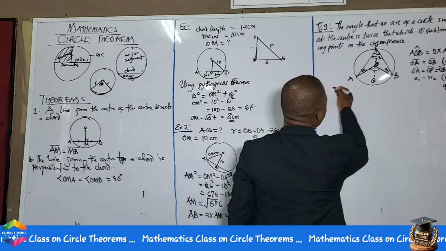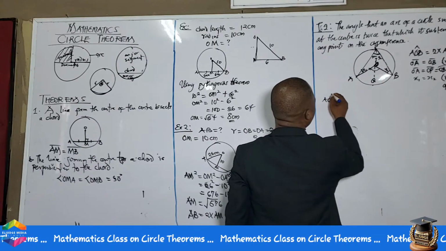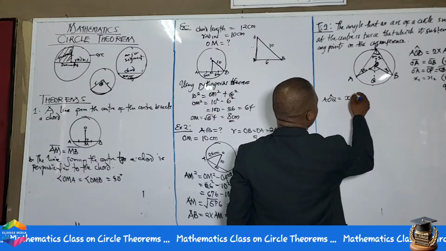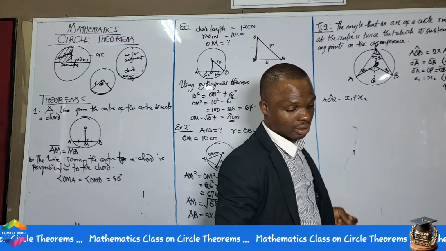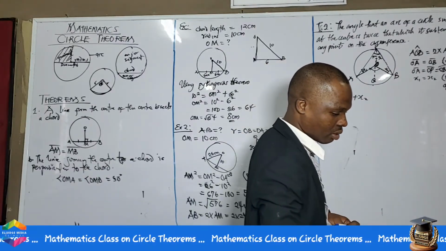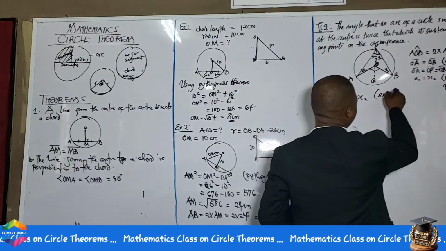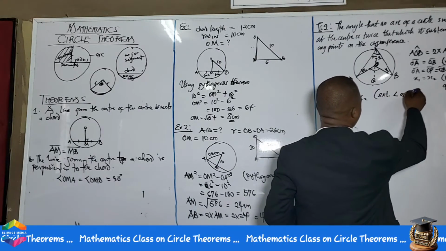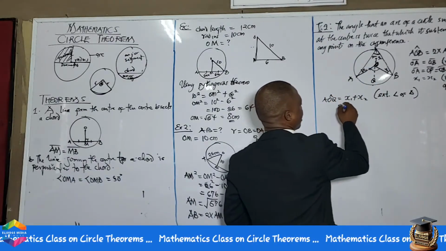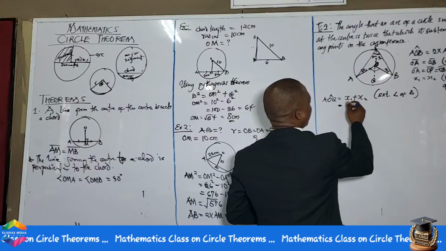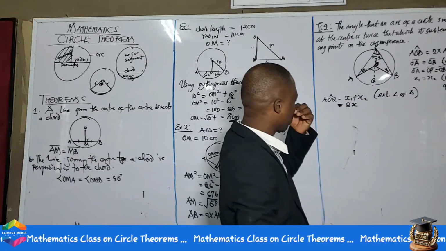So we can say that this angle here, AOQ, equals x1 plus x2, exterior angle of a triangle. Since x1 and x2 are equal, this angle equals 2x.